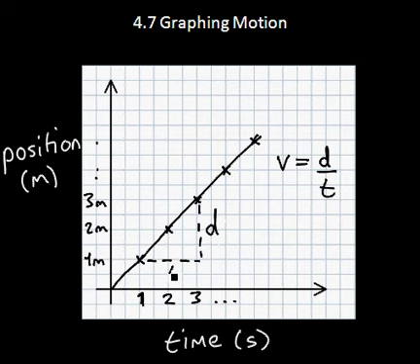So there's d and there's t. Looking at the graph, my speed is basically the rise over the run, or it's equal to the slope of the graph. So that's our first major piece of information. The slope of a position versus time graph is giving us the speed or velocity of the object.